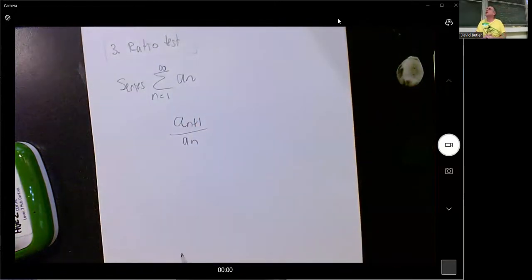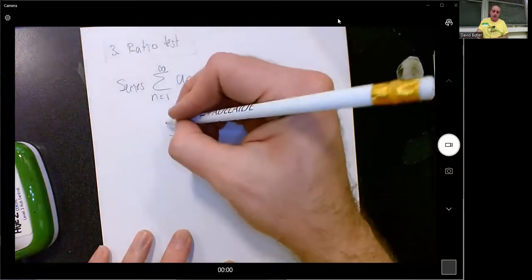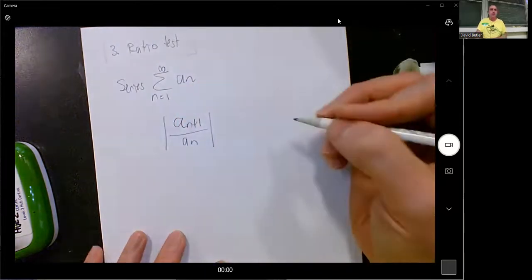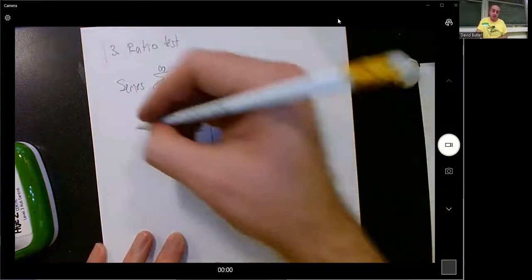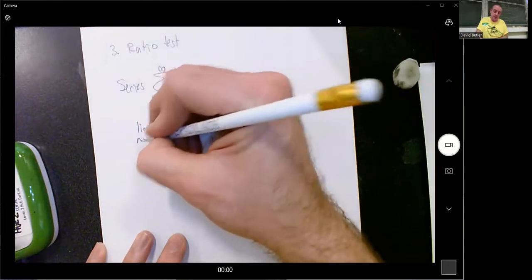Is that right? Or the other way around? Yeah, no. And then you do the absolute value of that, and then you do the limit as n goes to infinity.